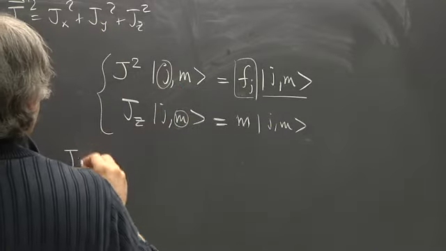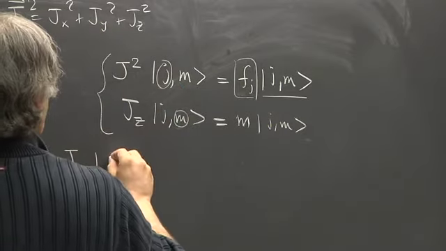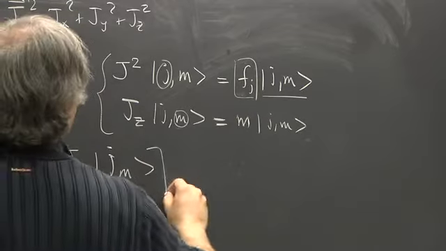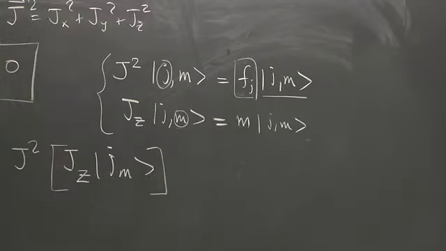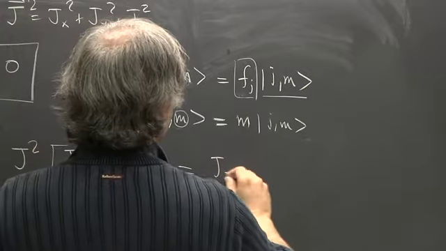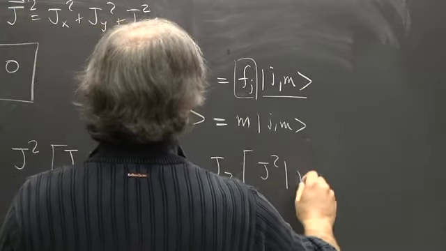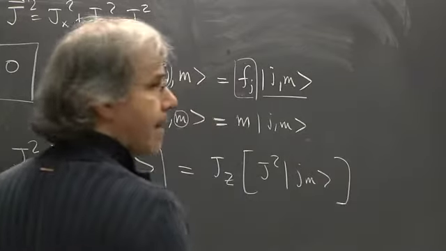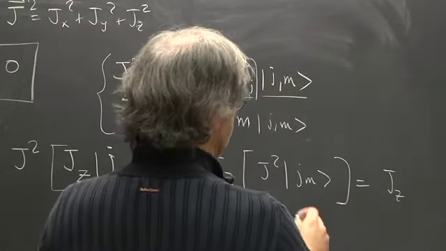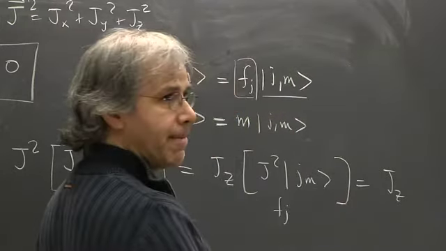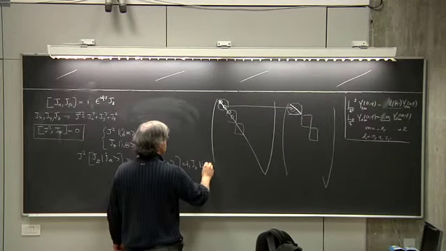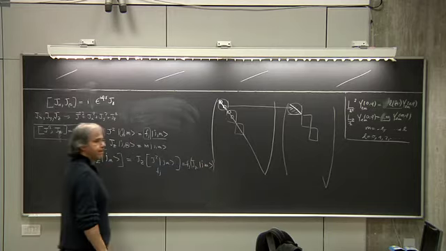So if I apply Jz to this object, okay, and I calculate J square of this, then this is, since they commute, also equal to Jz J square, okay? But this is equal to Jz times the value Fj, okay? So the value, I can put it out, and this is the thing, okay?